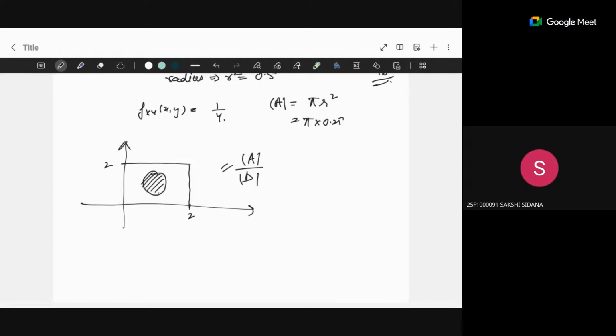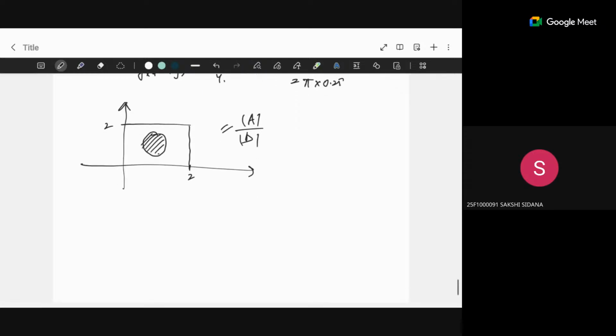If you make the figure, let's suppose this is 0 and this is 1. So my center is this, and my figure is like this, correct? But I need only this area, right? So this will be the half of the area of a circle?